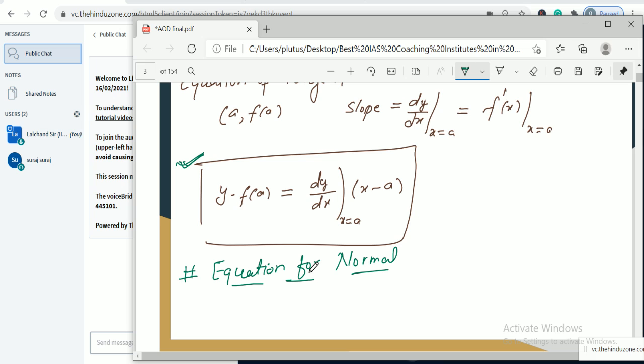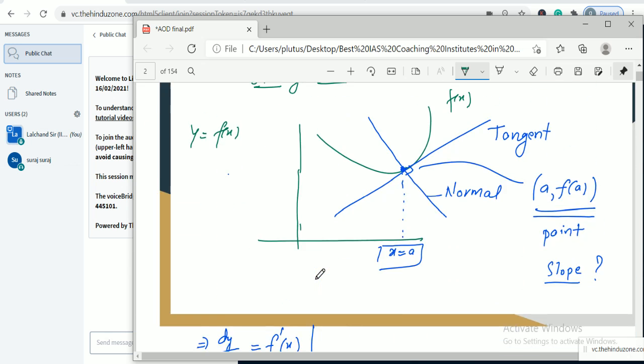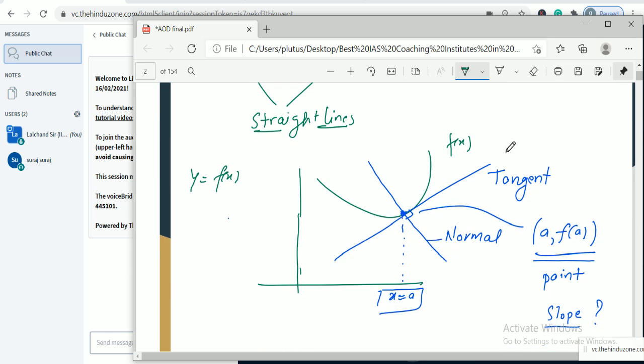Because if you look at this diagram, this is tangent and this is normal. They are making the angle of 90 degrees. So if two lines make an angle of 90 degrees, what is the relation between their slopes? The product of their slopes should be minus 1.